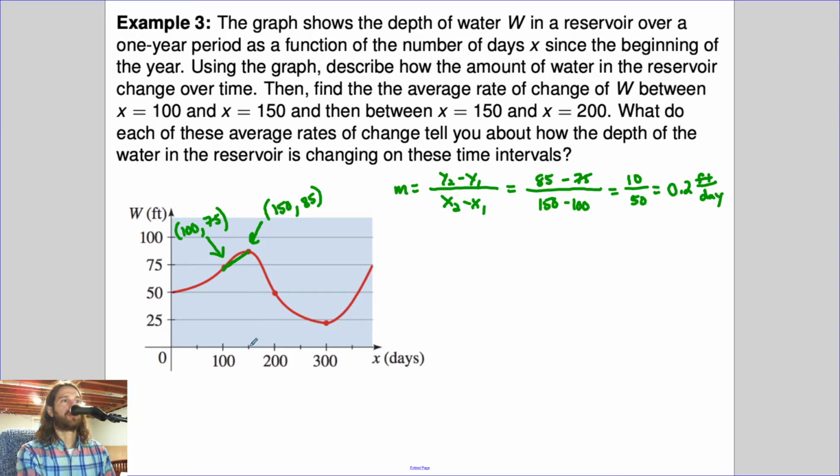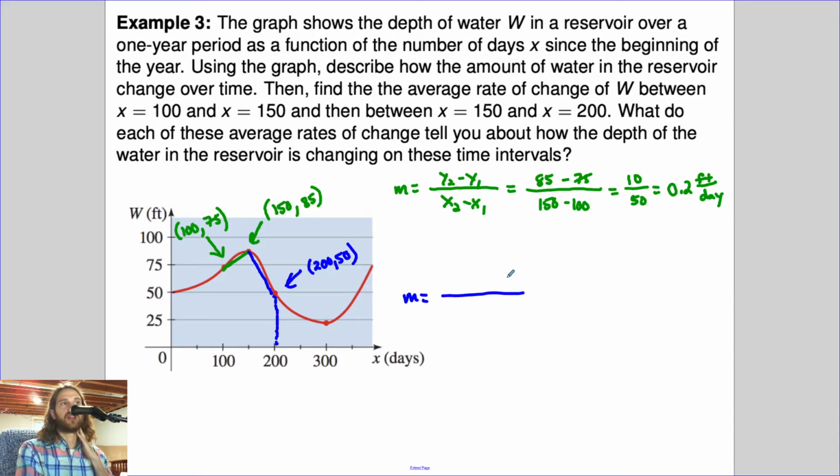The next one is between 150, which we already know, and then this data point right here, which is pretty obviously 200, 50. Okay, so this is a different line. At this stage in our water journey, we're losing water here, so we should hopefully end up with a negative slope when we do our math.